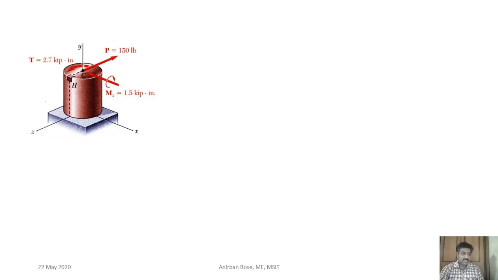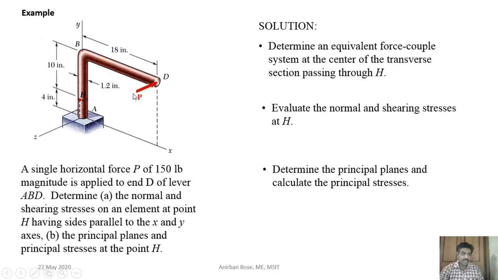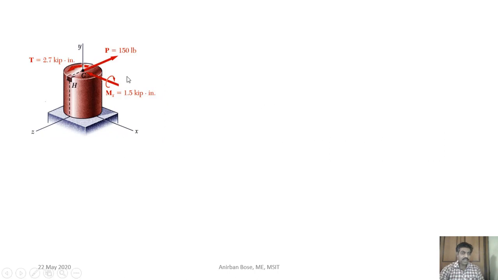So if you just cut it at that position, here you can see what H is. You can see that there will be a torsion corresponding to this value. That is very simple, because P multiplied by this length 18 will be the torsional value. Okay, and you can also find the bending, and bending will be what?